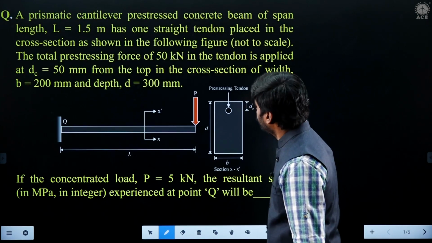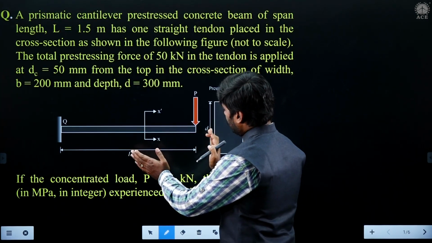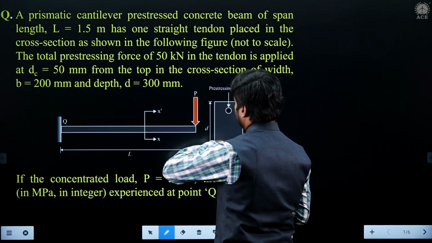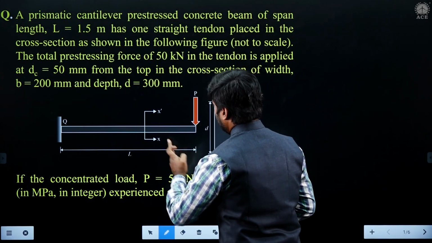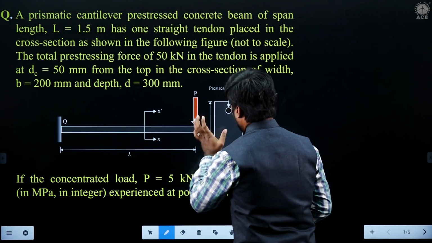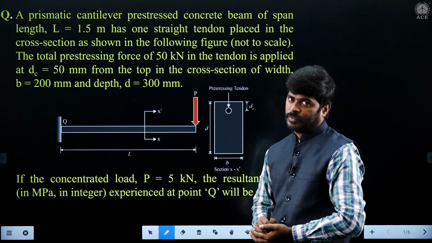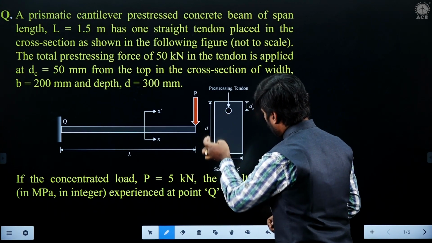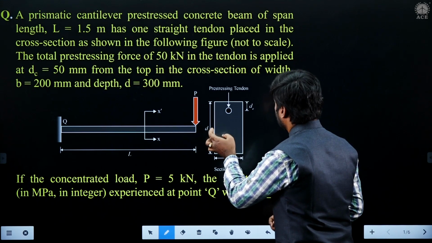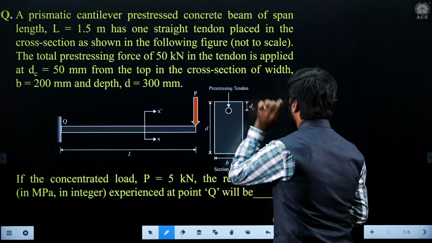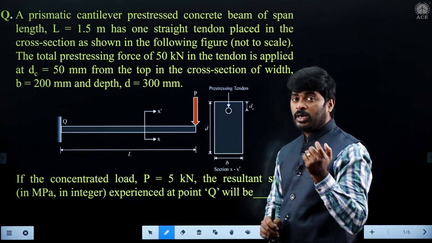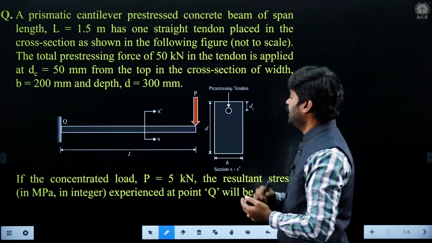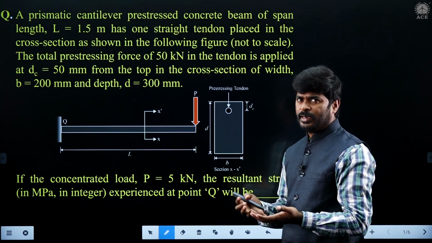Then the figure given is a cantilever beam subjected to a concentrated load P, and one section is taken and the cross section of the beam is drawn. In that, the width of the beam B and overall depth of the beam D are given, and the distance to the centroid of the tendon will be DE, or DC, not a problem.